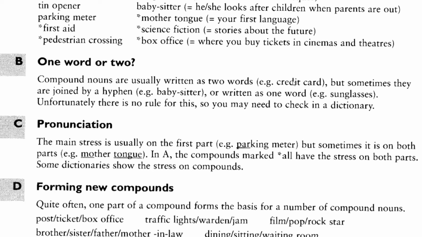What about the pronunciation of the compound nouns? Yes, the main stress is usually on the first part, on the first word, which is the modifier. Parking meter. We say parking meter, but sometimes the stress is on both parts, like mother tongue.